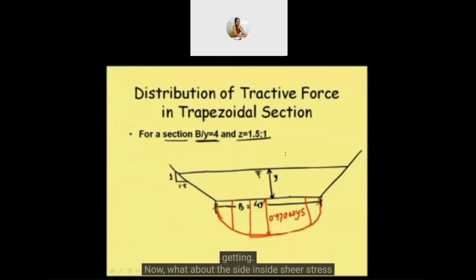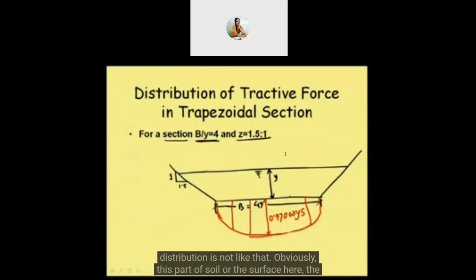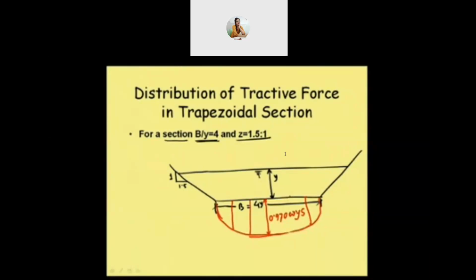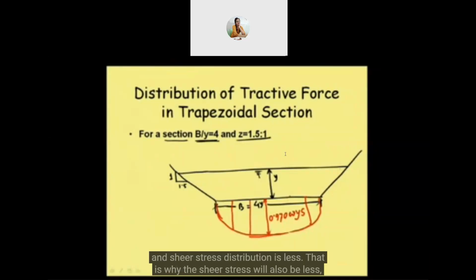Now what about the side? On the side, the shear stress distribution is not like that. Obviously, on this part of the surface the depth is less, and that's why the shear stress will also be less. But here it is increasing. If I plot the graph, it will be maximum somewhere here, it will be 0 here, and then here we will have some value, and as such the distribution will be like this.